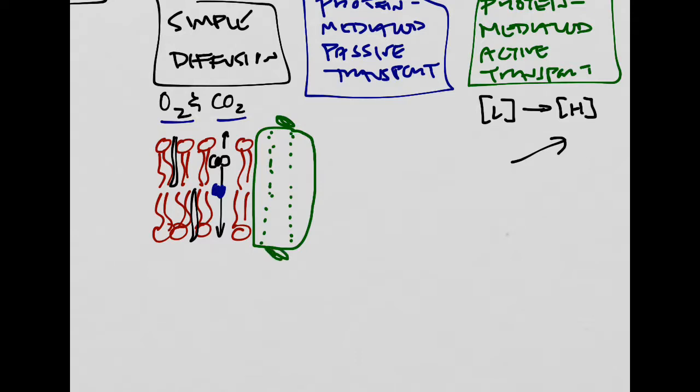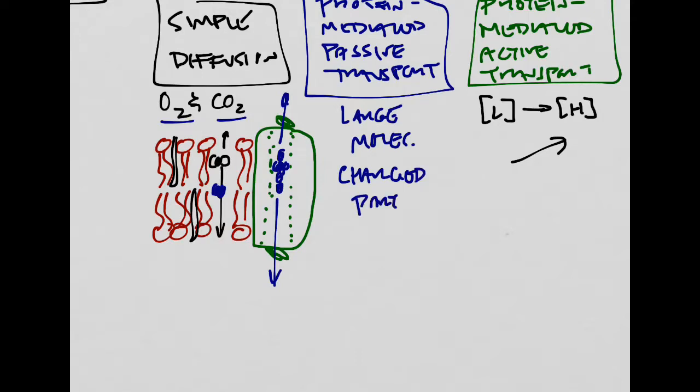But essentially what this does is it allows for the charged particles as well as larger particles to scooch through here. So let's say you had a molecule that was this big and fairly bulky. It could scooch through, right? And it could go in either direction as long as it's going from high to low. So with protein-mediated passive transport, we're talking about large molecules that can flow through and also charged particles.